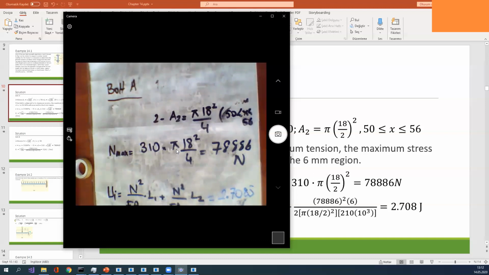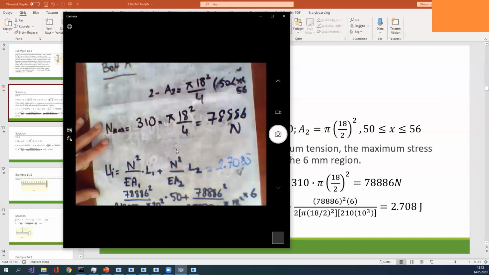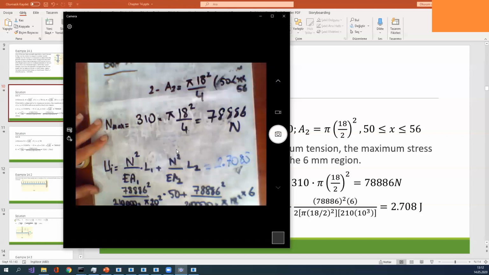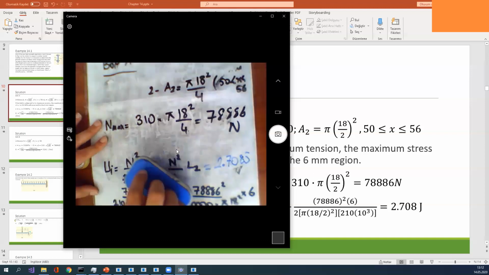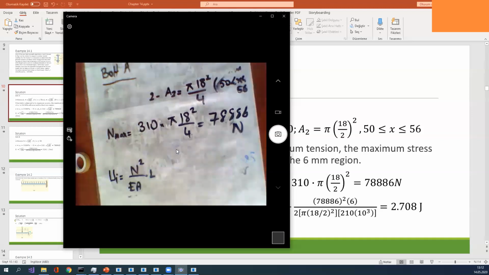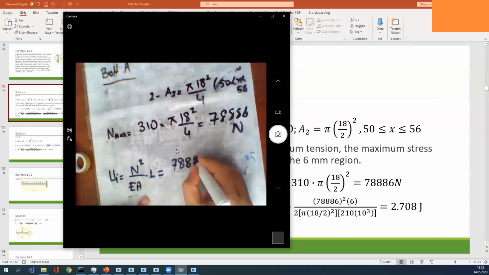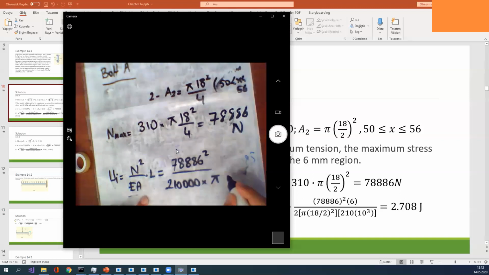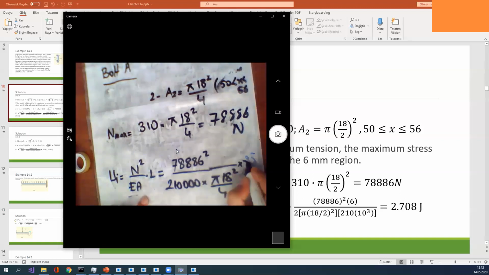Now we will see. I want to change the formulation. I don't need to divide the internal energy into two parts; just one part is okay. Therefore, I have to write N squared L divided by 2EA, with 210,000 times pi 18 squared divided by 4 times 86.